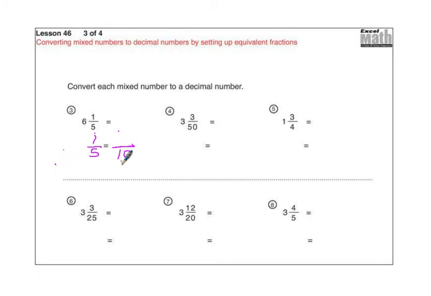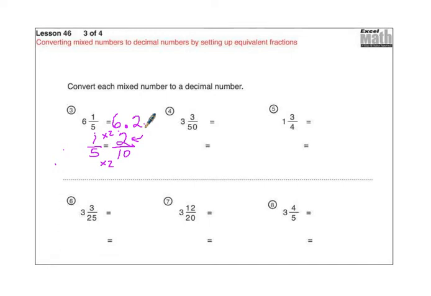Can we go from 5 to 10? Yes, we can. So everybody write times 2, and then write times 2 up here. 1 times 2 is 2. So 1/5 is equal to 2/10. Therefore, 6 and 1/5 is equal to 6.2. 0.2 means 2/10.